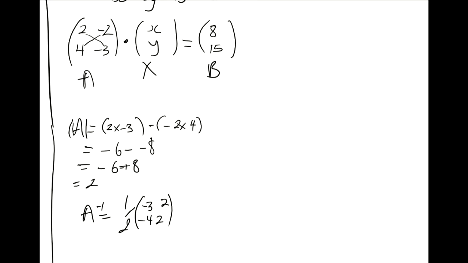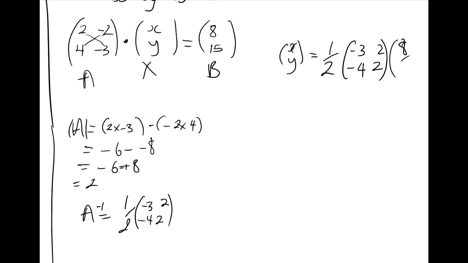Alright, then we are going to take our x and y and find it by multiplying our inverse, negative 3, negative 4, 2, by our B, which is 8 and 15. Alright, so let's see how this goes. Again, we've ignored the fraction on the outside, and we just focus on what's on the inside. So we're going rows by columns.